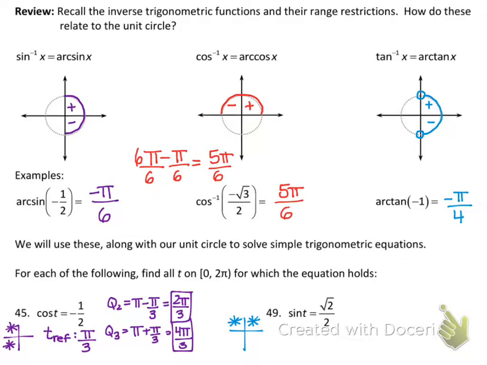On your chart, where is sine root 2 over 2? That's pi over 4, so you could call this your reference angle as well. And then to be in quadrant 2, we take pi and subtract pi over 4, which gives us 3 pi over 4.